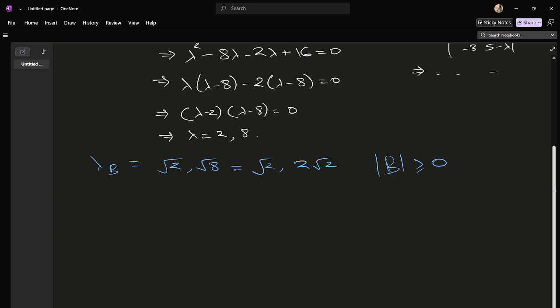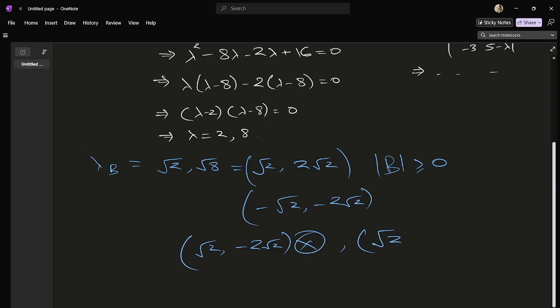Then both sign cases can happen, so the pair of eigenvalues will be this and also this. But these things will not occur, and also this will not occur. Only these two will satisfy the conditions.